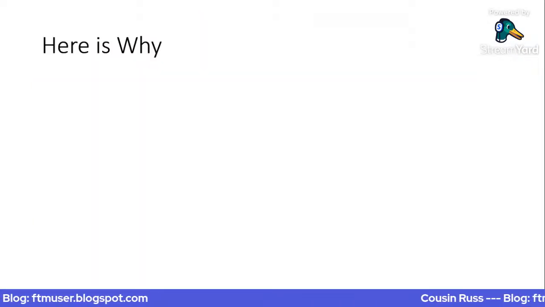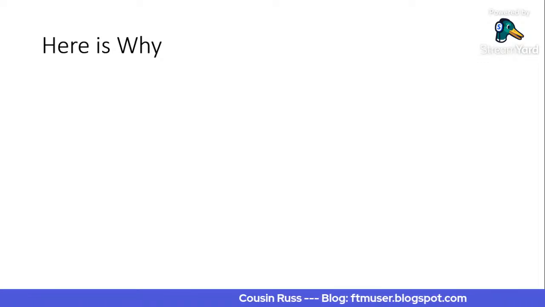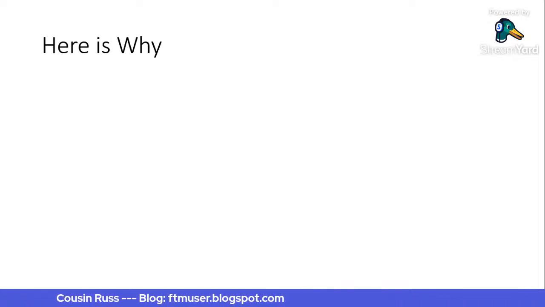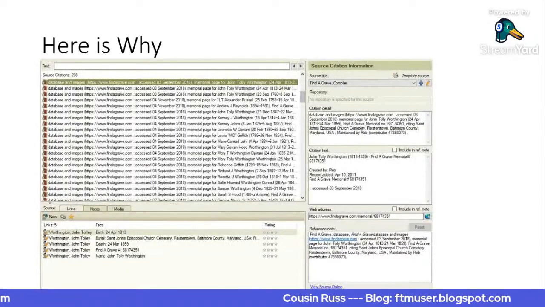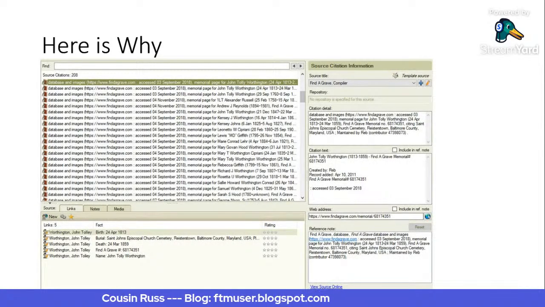Here's why I go to that. It's not extreme to me, it's my way of working. But here is why I do what I have just tried to explain. There is the sources workspace.